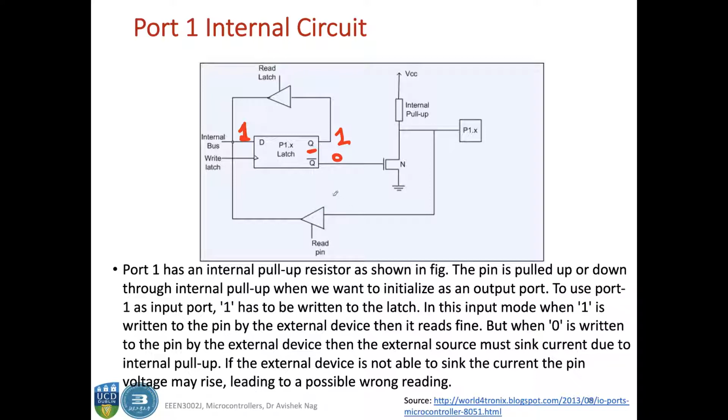Okay, so when Q bar is 0, this transistor is switched off. Okay, and when this transistor is switched off, this point is connected to VCC through this pull-up resistor. Okay, this part of the circuit is broken because this transistor is switched off.